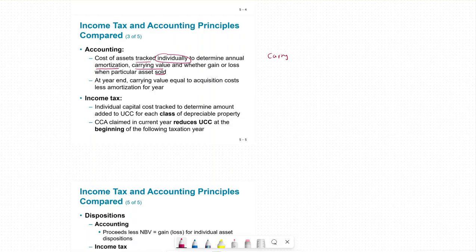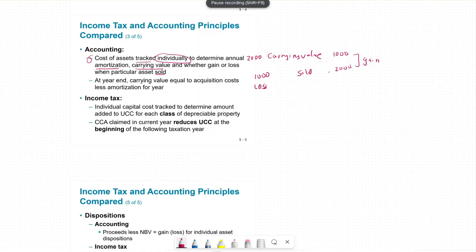You have a carrying value, and then the proceeds when you sold that asset. In income tax we use proceeds of disposition. If the carrying value of the asset is $1,000 and we sold it for $2,000, we have a gain. If it's the other way around, the carrying value was $2,000 and we sold it for $1,000, we have a loss.